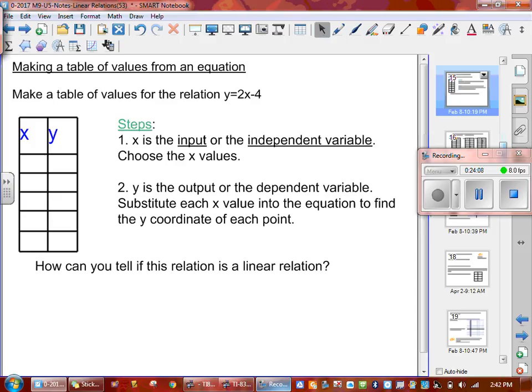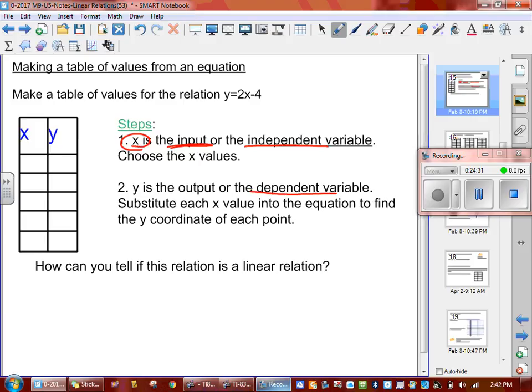And x is the independent variable. It's the input, and independence. Like I said, he's the one that bosses the y around. He makes all the decisions. Y is considered the dependent variable. He depends on what x tells him to do. So x is the bossy one.